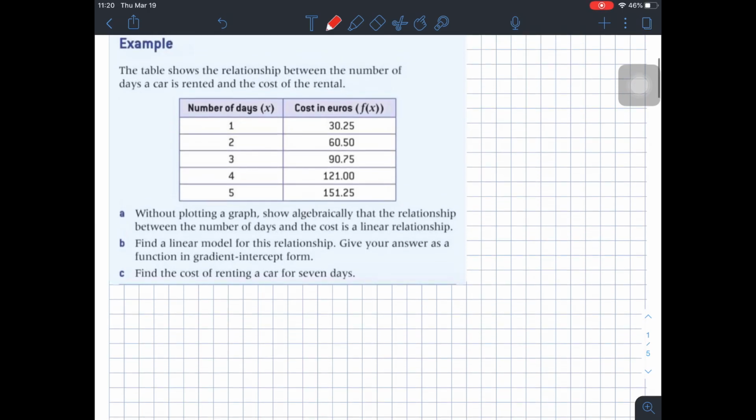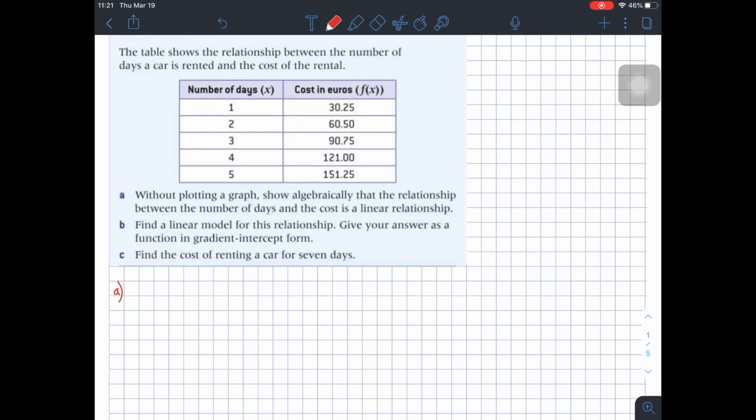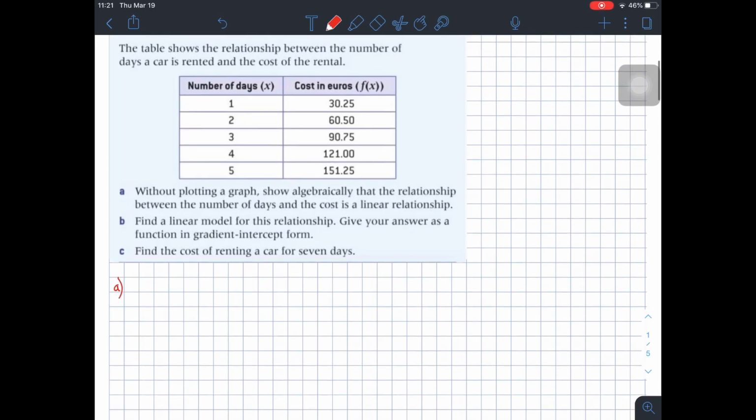Remember the concept. If the rate of change is constant, then we may conclude that this is a linear relationship.